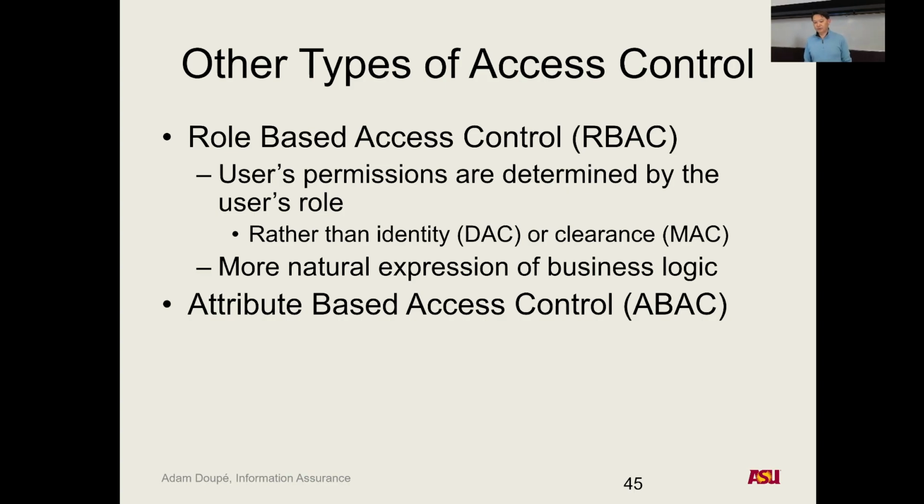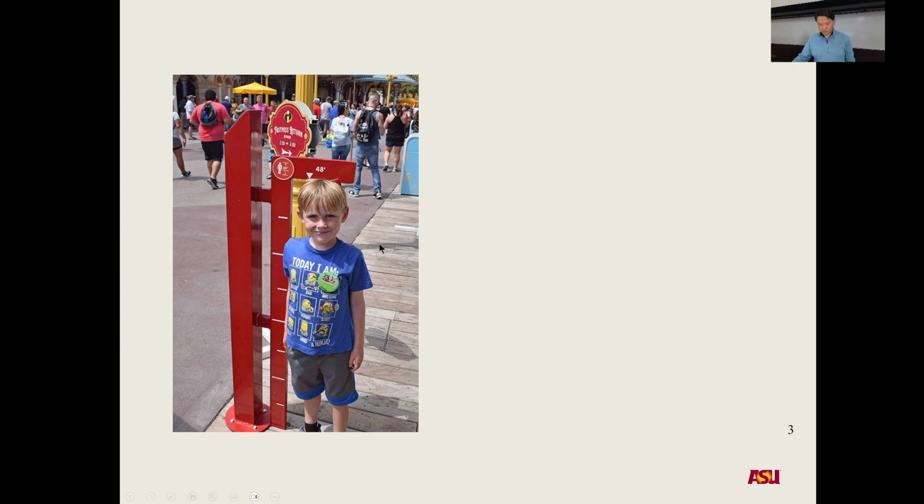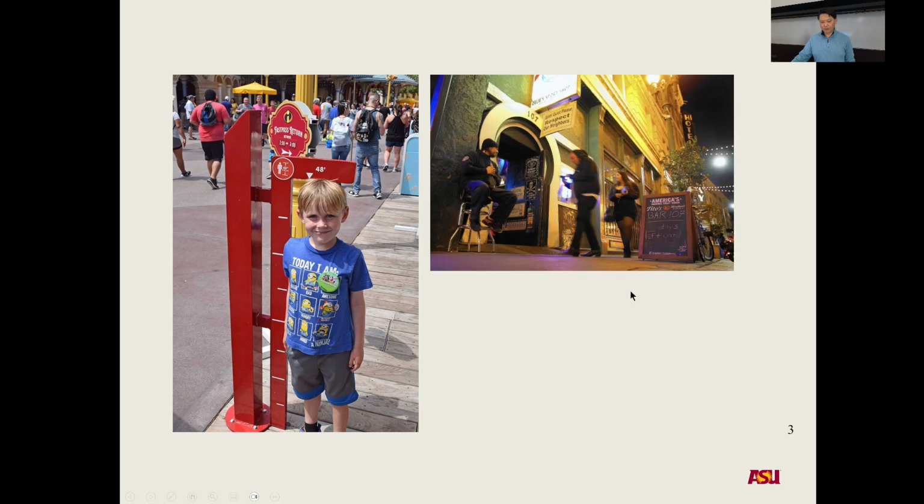So what is the attribute? In this case, what is the attribute of this access control system? Is it height, right? That would be the attribute of this access control. How about this? The age, right? How old are you?